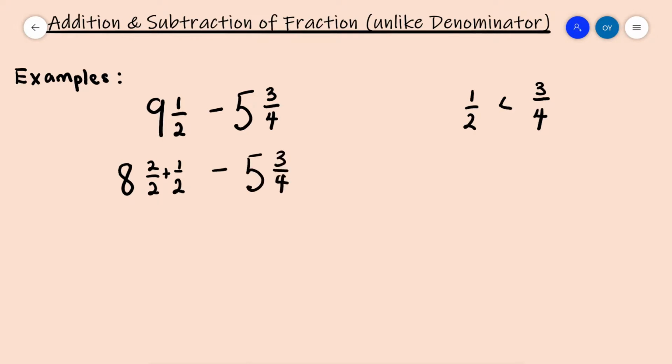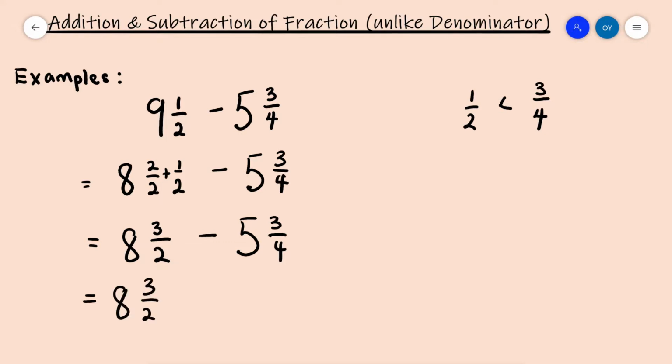So here we have the new mixed number as 8 3 over 2 minus 5 3 over 4. But here the denominators need to be the same. So the LCD here is 4. So we need to multiply 3 over 2 by 2, and 3 over 4 remains the same.